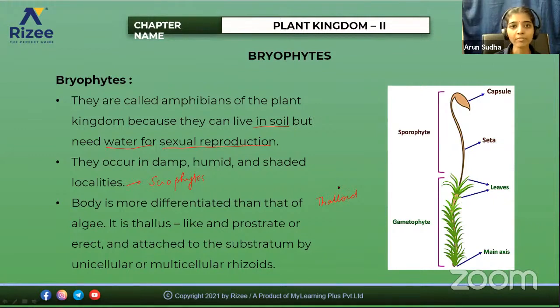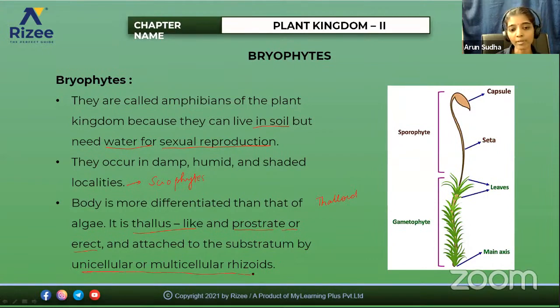It is thallus-like, not exactly a thalloid. It is thallus-like and prostrate or erect. It may be attached to the ground or it may be an erect structure, and it is attached to the substratum by unicellular or multicellular rhizoids.